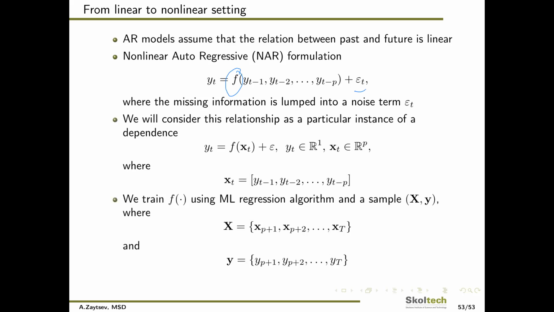And so we train this using a regression approach with a naturally emerging sample of points. In this case, it's useful to apply any regression approach, and it works like a charm in most scenarios.